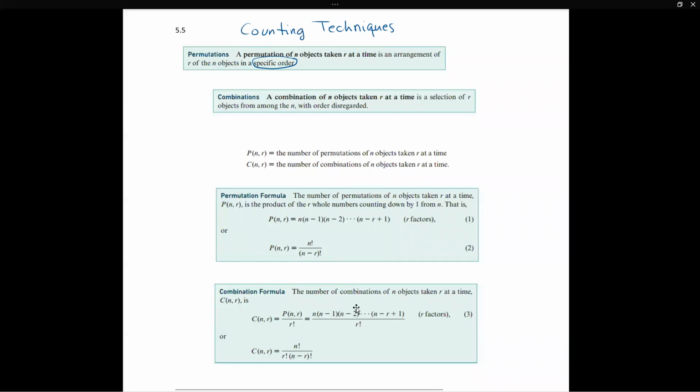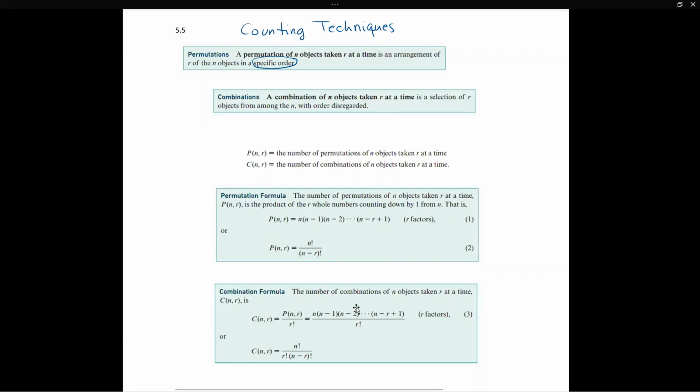Permutations: a permutation of n objects taken R at a time is an arrangement of R of the n objects in a specific order. We will see this in an example. However, a combination is almost the same thing, just here there is no specific order. A combination of n objects taken R at a time is a selection of R objects from among the n with the order disregarded.